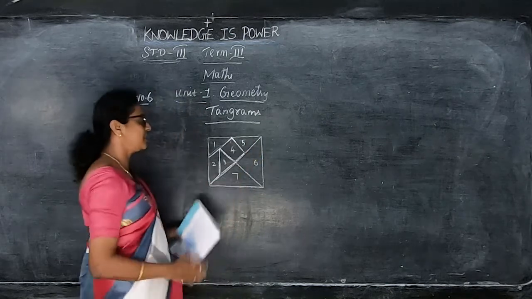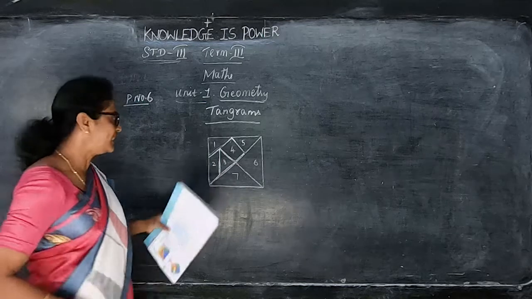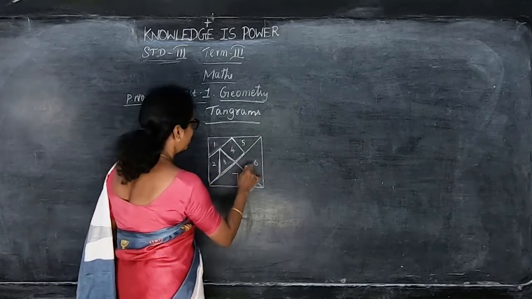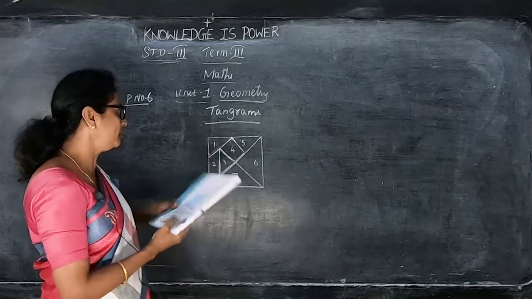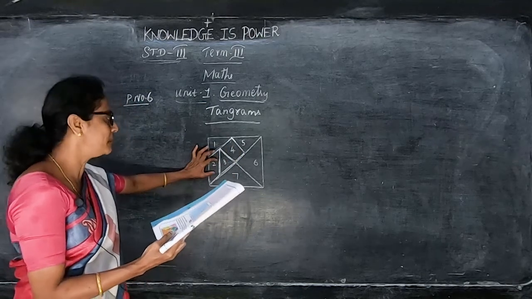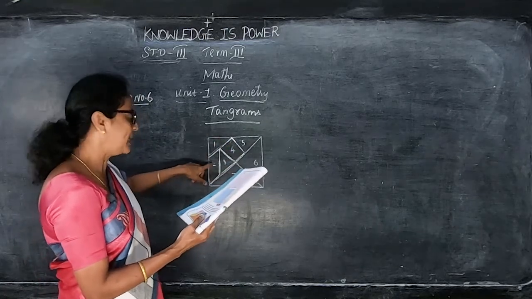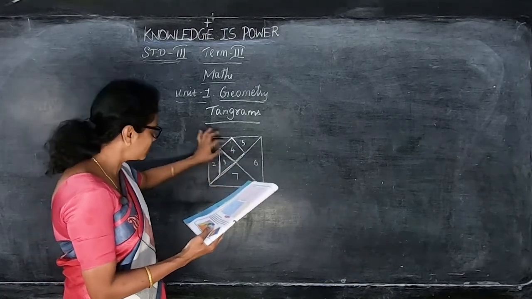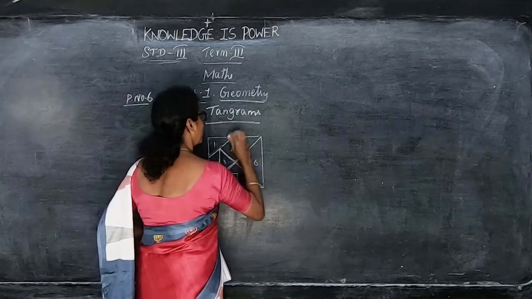So there are triangles, one square and one parallelogram and 5 triangles, 1 2 3 4 and 5 triangles and one parallelogram. This number 2 is the parallelogram. Okay? So among the pieces, one parallelogram will be there, one square will be there. This is the square, it is in the square shape, isn't it.